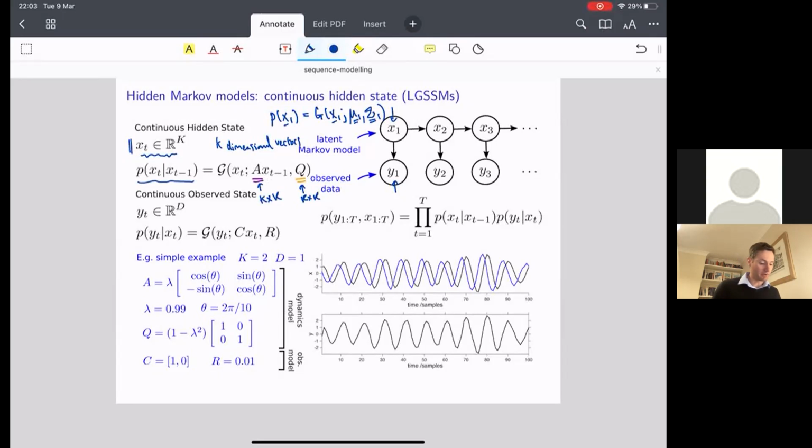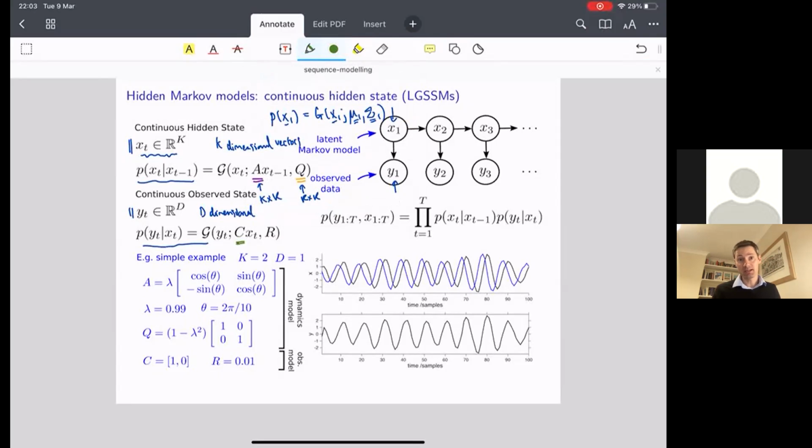The observed variables we're going to assume are d-dimensional, and again real valued, so they can be positive or negative. This is different from the dimensionality of the hidden state: hidden states are k-dimensional, observed states are d-dimensional. And again, we're going to use a Gaussian distribution for these variables. So the emission distribution is another Gaussian, and the mean of this Gaussian is just going to be a linear function of the latent variables.